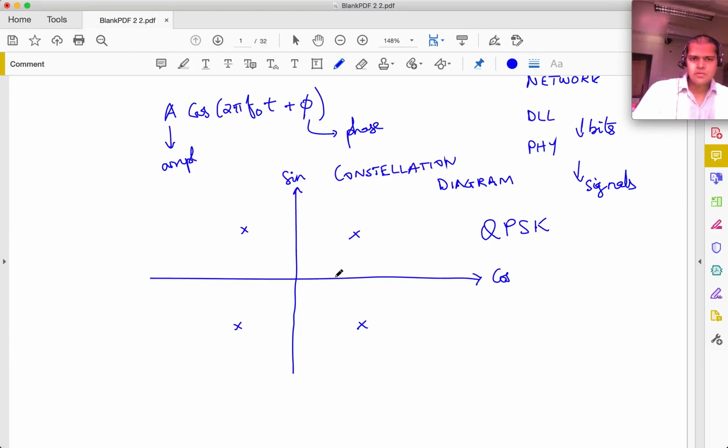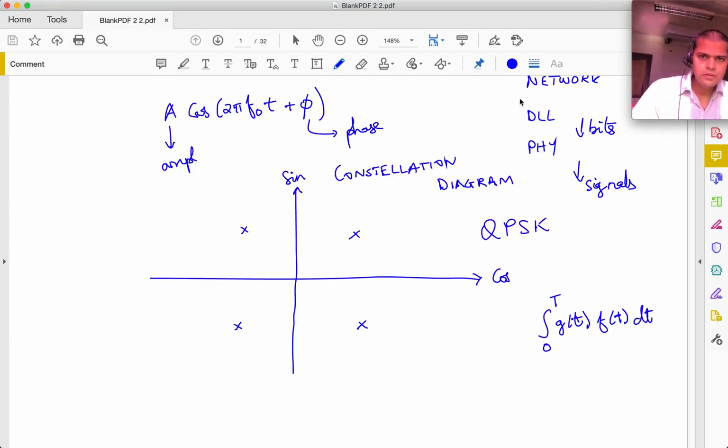And we showed in the last class that cosine and sine are actually orthogonal to each other. And we said to take the dot product, basically you take integral of one signal and you multiply it by the other signal before taking the integral. So T is the time period for these particular signals.